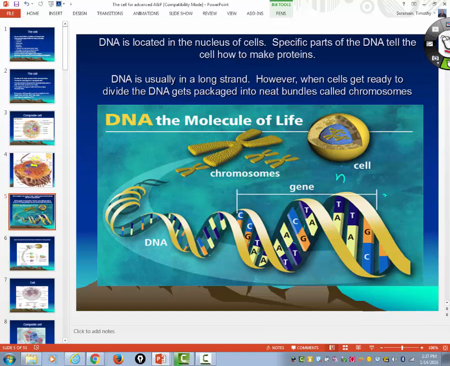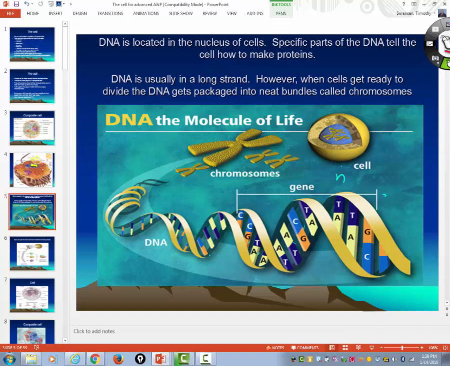Huge big molecule. And the cell does what you would do. If you're going to move, you pack up the stuff, you put it in boxes, and you label it. So when a cell is going to divide, it has this long strand of DNA, and that's not really easy to move.